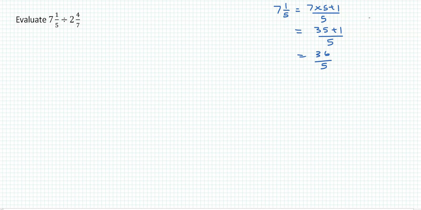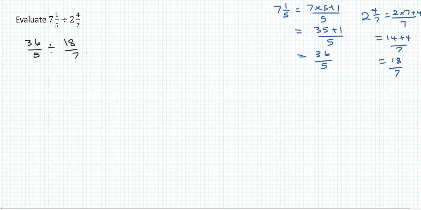So 2 4/7 is 14 plus 4 over 7, which is 18 over 7. So now what we have here is 36 over 5 divided by 18 over 7.